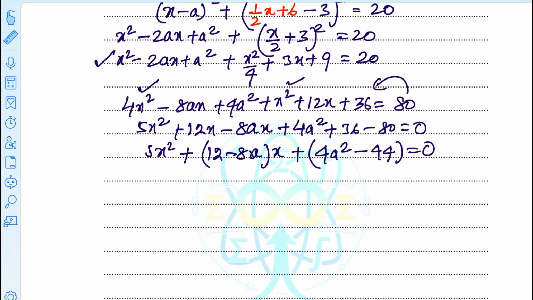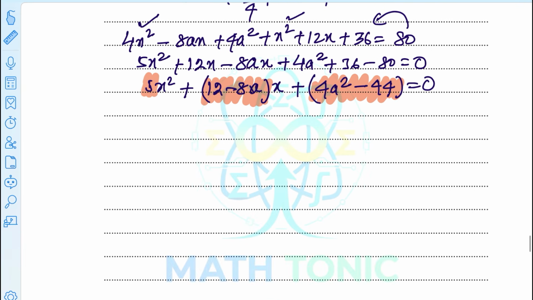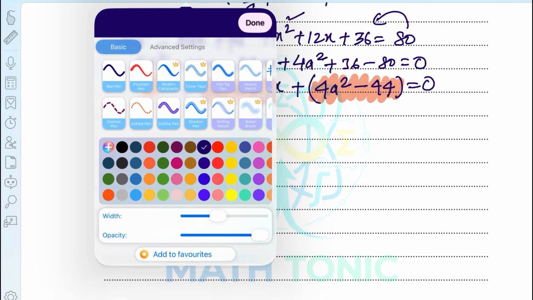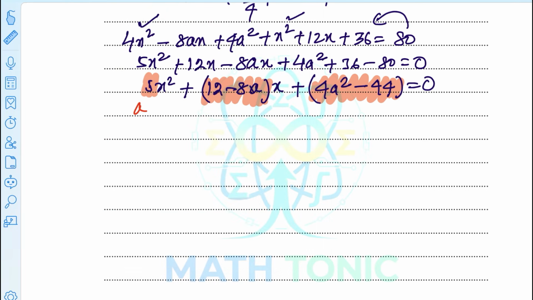So if you try to see this, this is a and this one is b, the coefficient of x. There is no x term, so this is called c. Okay, now for tangency, this one is a, this one is b, and this one is c we have.